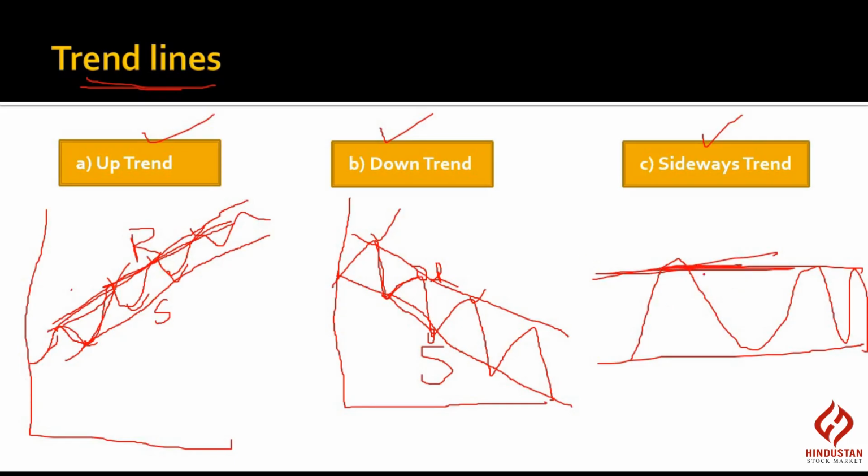It is moving in a particular range. So this range is known as sideways trend. It is also known as consolidation. So this is your resistance and this is your support. Whenever price comes near this particular line, it is bouncing back, and when price reaches this particular level, it has taken reverse, right? So these are the important trend lines.